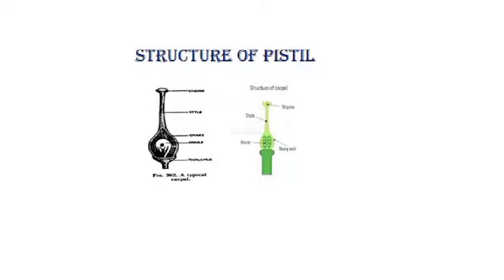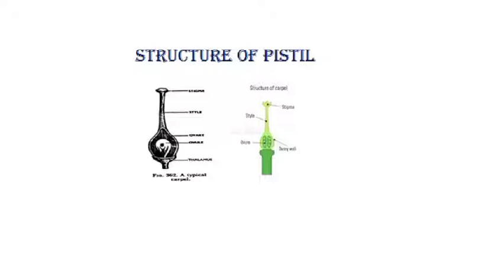Let us talk about the structure of the pistil. Sometimes we call it the gynoecium. This is the female part. It is the central or topmost whorl of the flower. A pistil consists of three parts: stigma, style, and ovary.